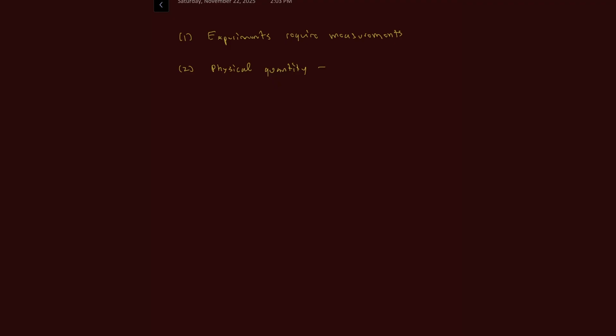But just so we know what we're talking about, a physical quantity is a number that simply describes a physical phenomenon quantitatively. Of course, in order for it to be a number, it has to be quantitative. Yes, that makes sense. Okay.